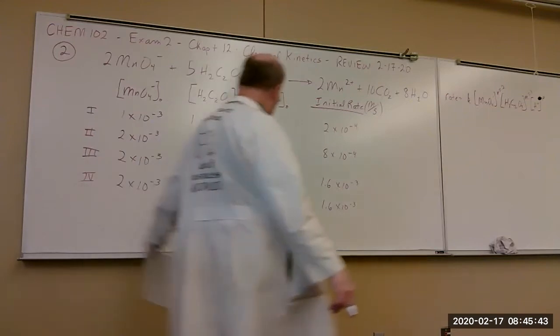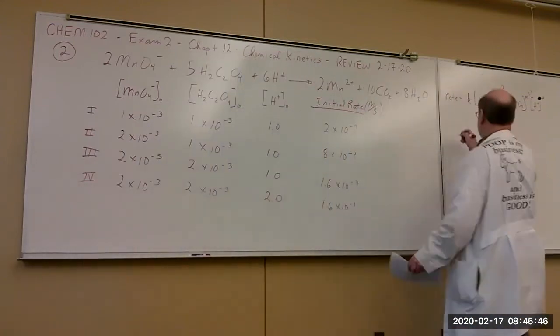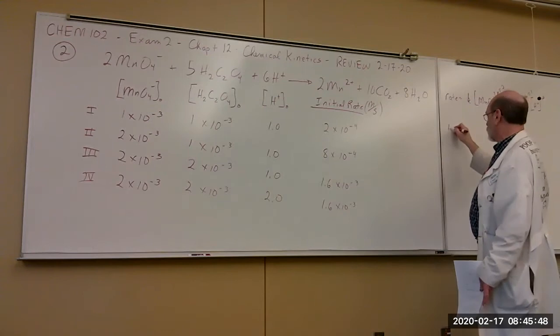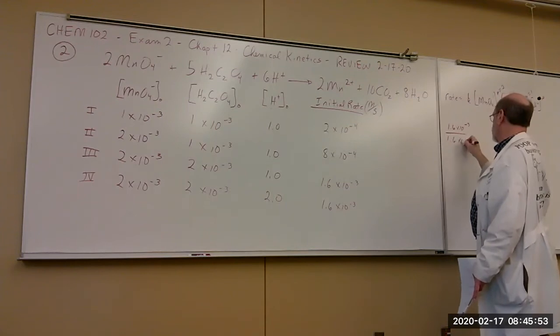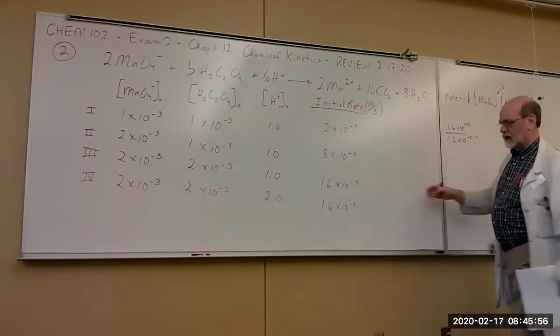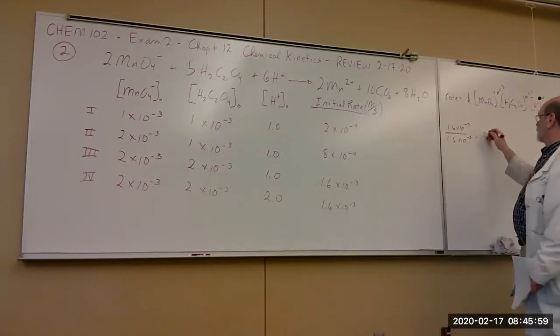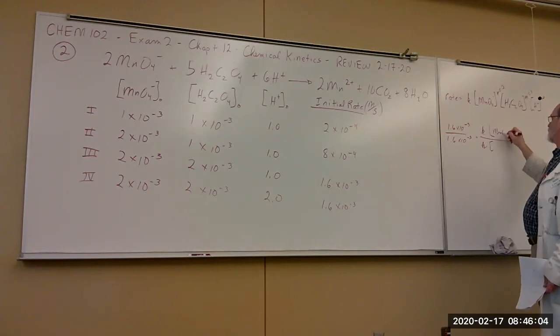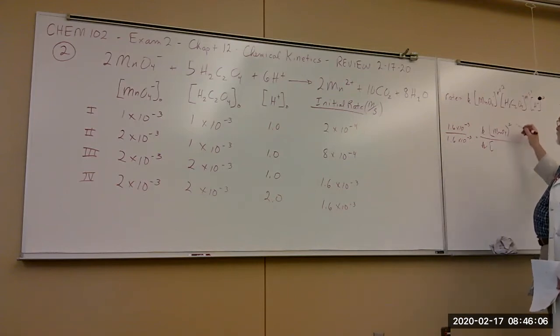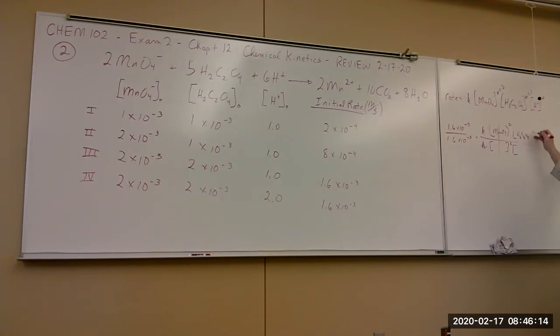So 3 and 4 would be the rate 1.6 times 10 to the minus 3 divided by 1.6 times 10 to the minus 3. And then this one on the bottom would be K, and then that one squared cancels. This one to the first power cancels.